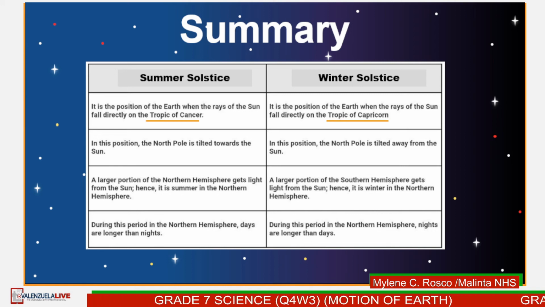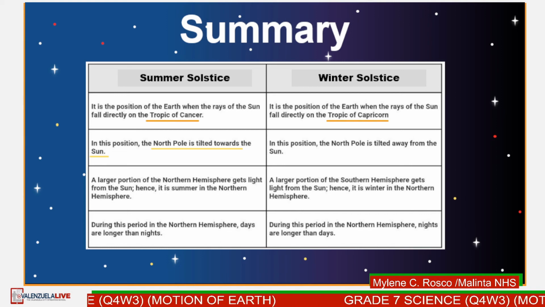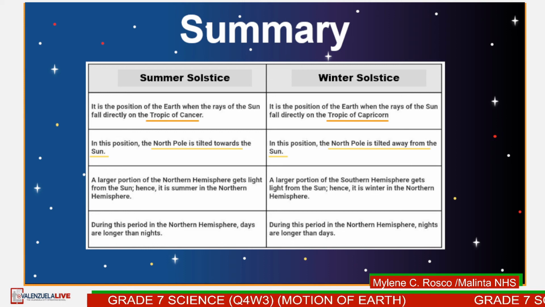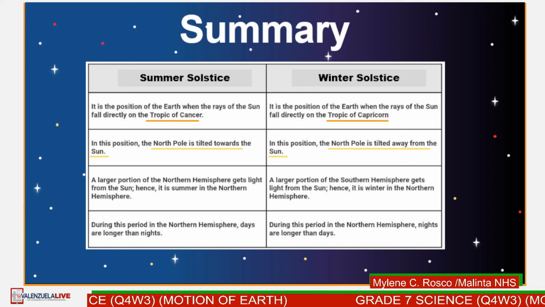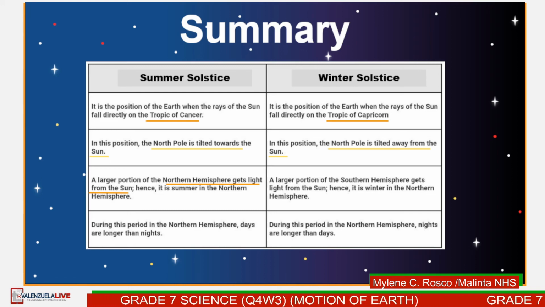In summer solstice, the North Pole is tilted towards the sun, while in winter solstice, the North Pole is tilted away from the sun. During summer solstice, a larger portion of the northern hemisphere gets light from the sun, hence, it is summer in the northern hemisphere.